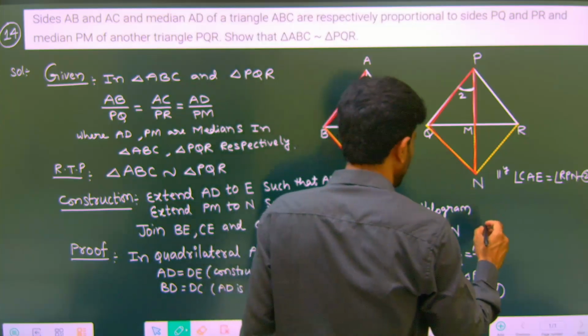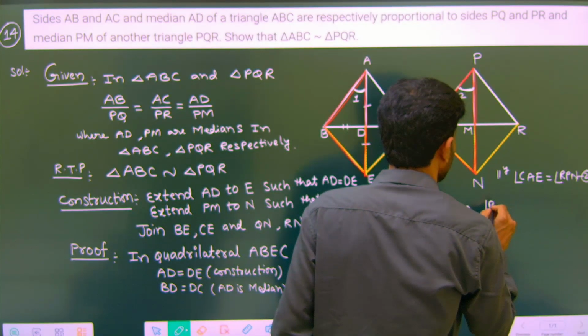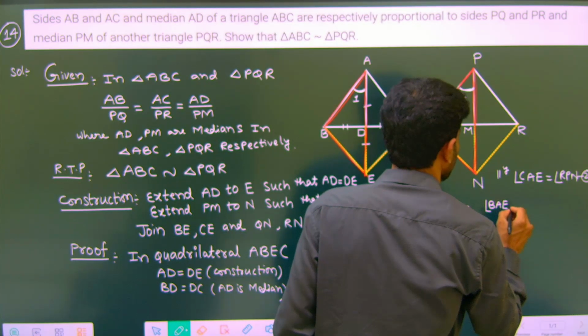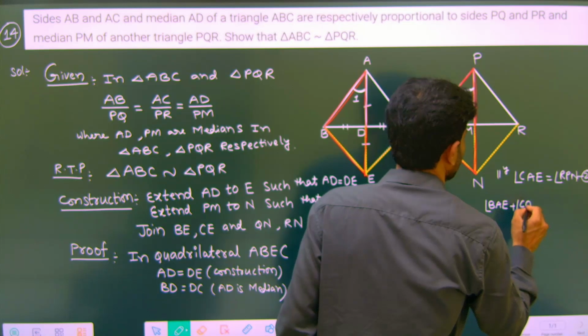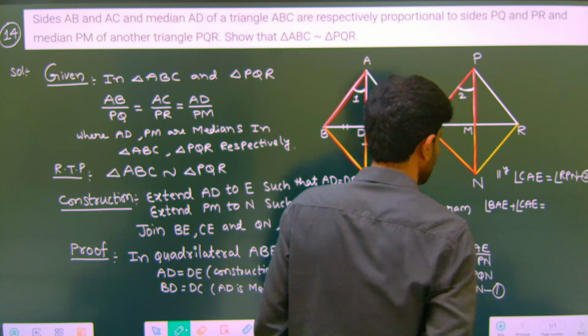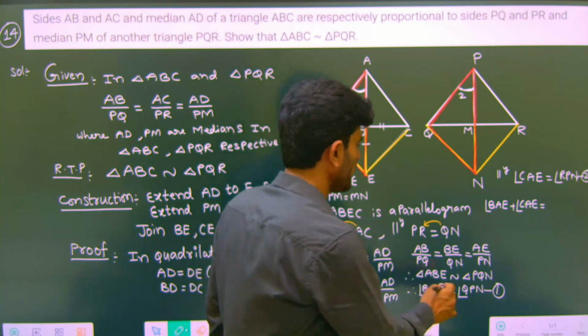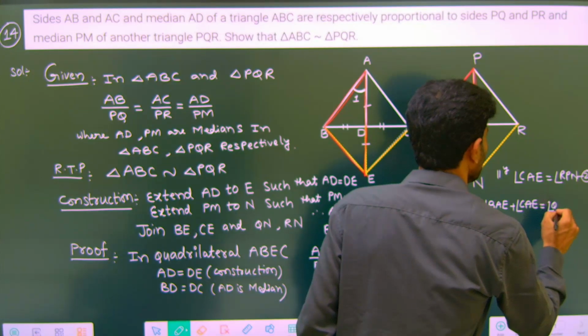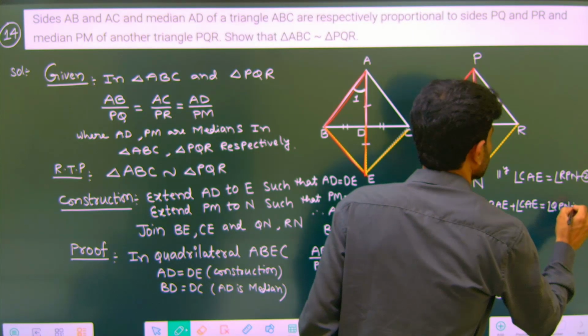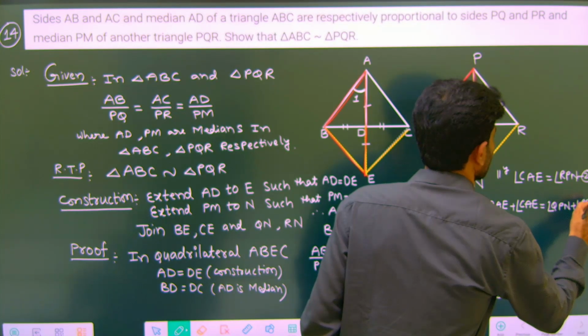When you add equations 1 and 2, you get angle BAE plus angle CAE is equal to angle QPN plus angle RPN.